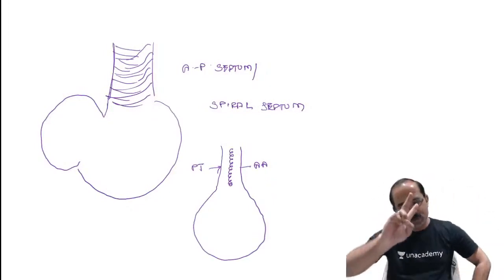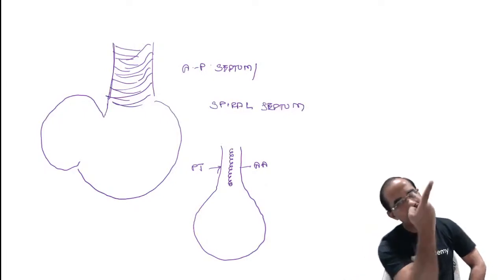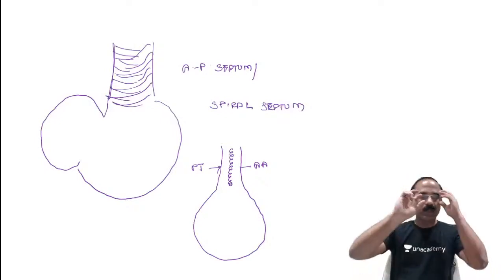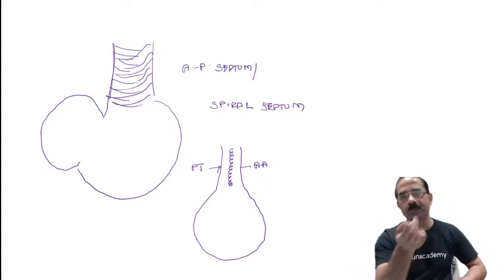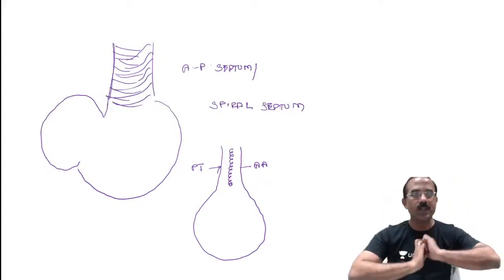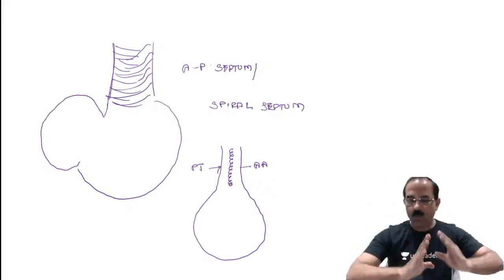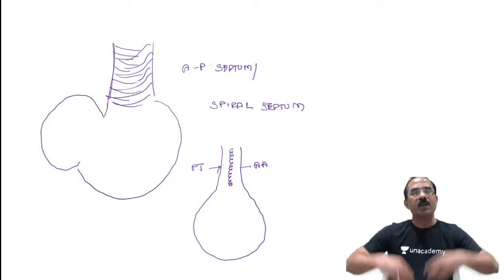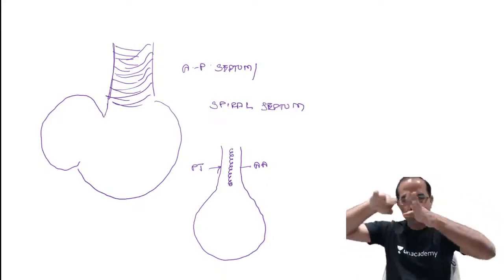Now this septum is going to spiral like this, and this septum is also known as the spiral septum. It spirals in such a way that the aorta opens into the left ventricle and the pulmonary trunk opens into the right ventricle.